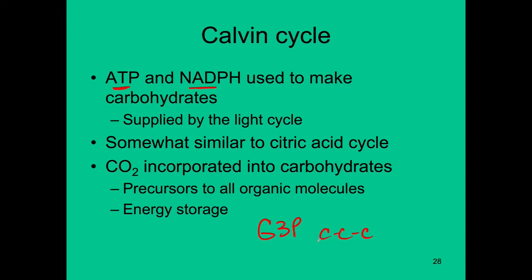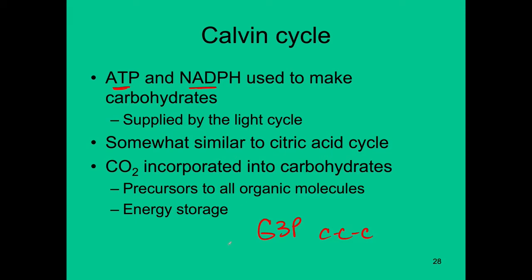All of the different cellular structures and proteins and functional parts of the cell all come from organic molecules. So this G3P is this kind of little Lego brick, and I can put those Lego bricks in any formation that I want to create what it is that I need as a cell.